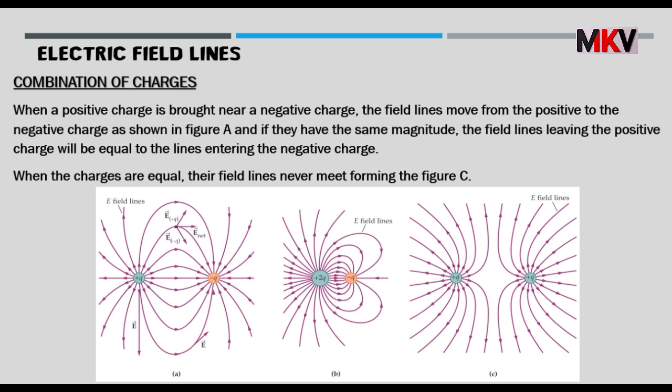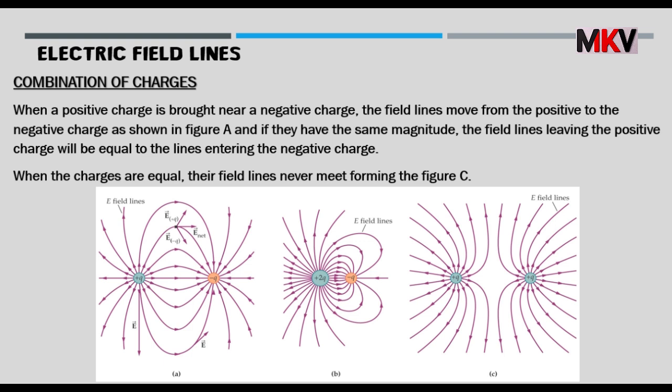Now, when we have two charges of opposite signs and one has a higher magnitude than the other, the one with the higher magnitude will have more field lines than the one with a lower magnitude. As shown in figure B, the positive charge with higher magnitude has a lot of electric field lines, and the negative charge with a lower magnitude has few electric field lines.